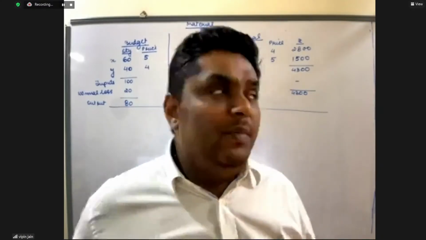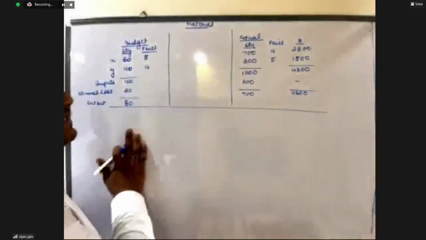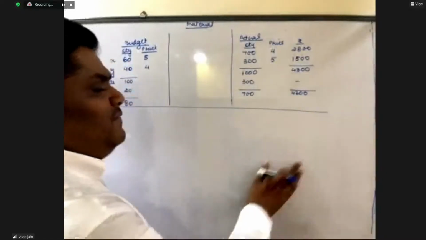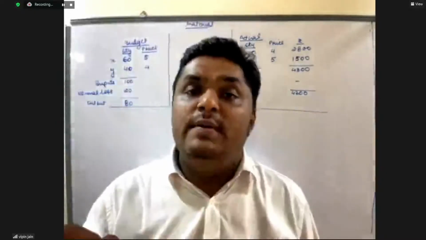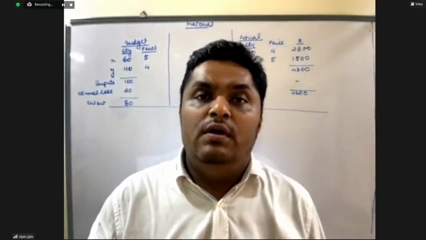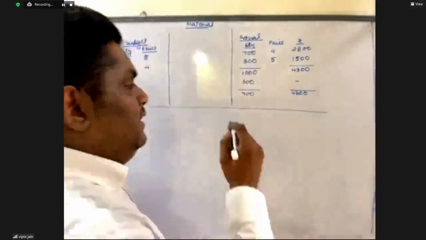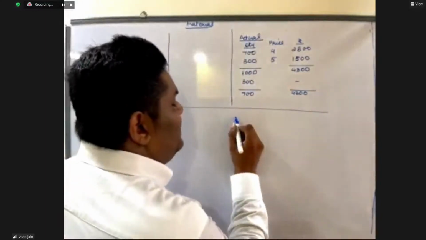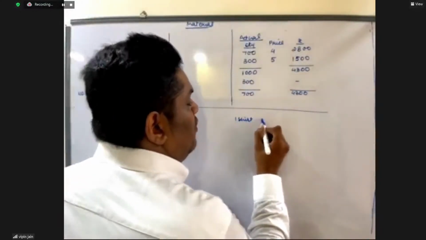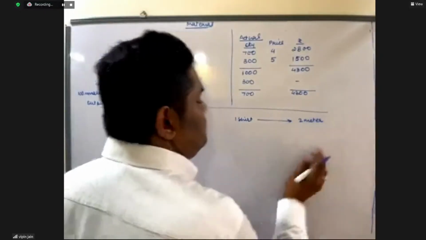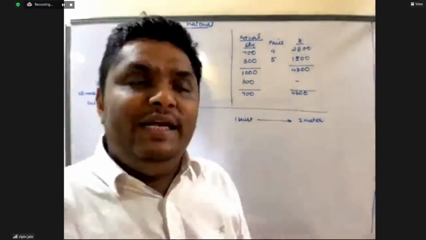Namish Bhatt, very good. So now, let me discuss this concept with the help of an example. Let's say I'm the manufacturer of a shirt. Now, as per the target set by the management, for manufacturing one shirt, we should use 2 meters. This was the target set by the management.